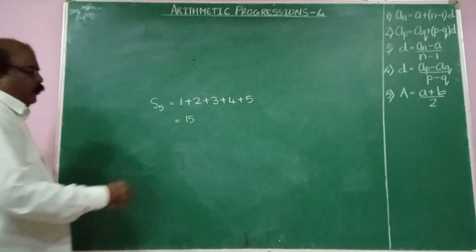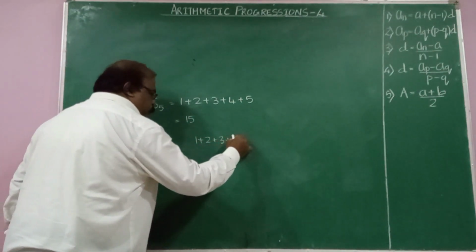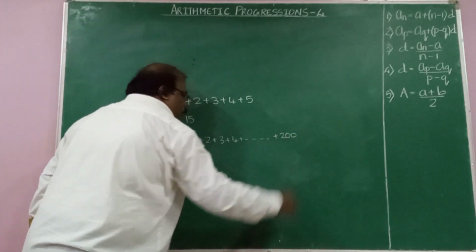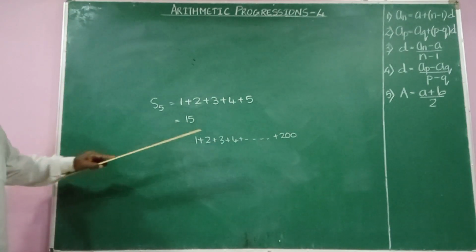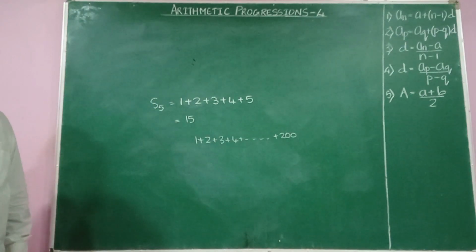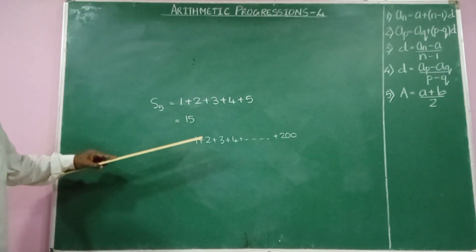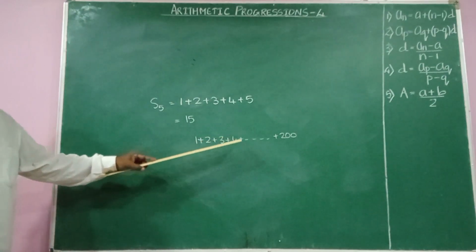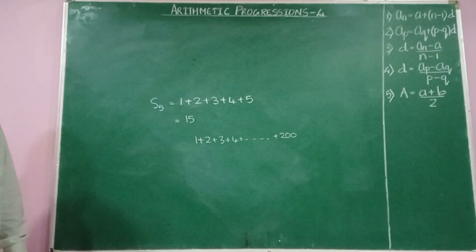But if I ask you, what is the sum of the first 200 natural numbers? What is the sum of the first consecutive 200 natural numbers? Now, I won't waste my time counting 1 plus 2 is 3, 3 plus 3 is 6, 6 plus 4 is 10, 10 plus 5 is 15, right up to 200.